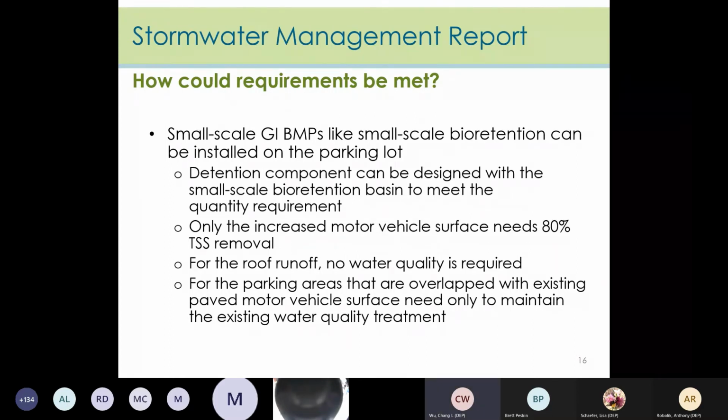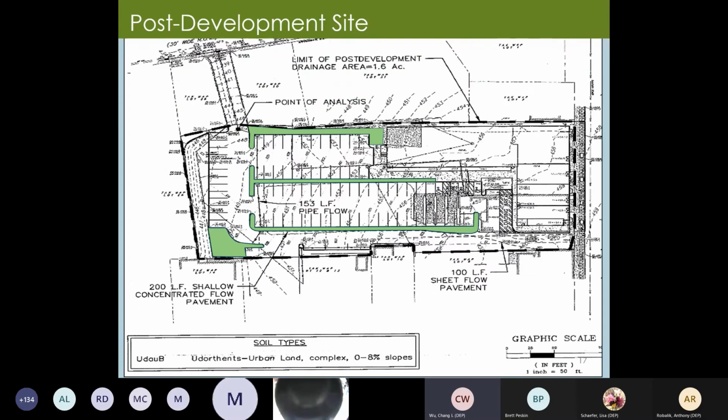But under the current rules, they have to use GI BMPs to meet those requirements unless they receive a waiver or variance from the GI standards. So here's a conceptual plan showing that they could have stormwater islands that are concrete.